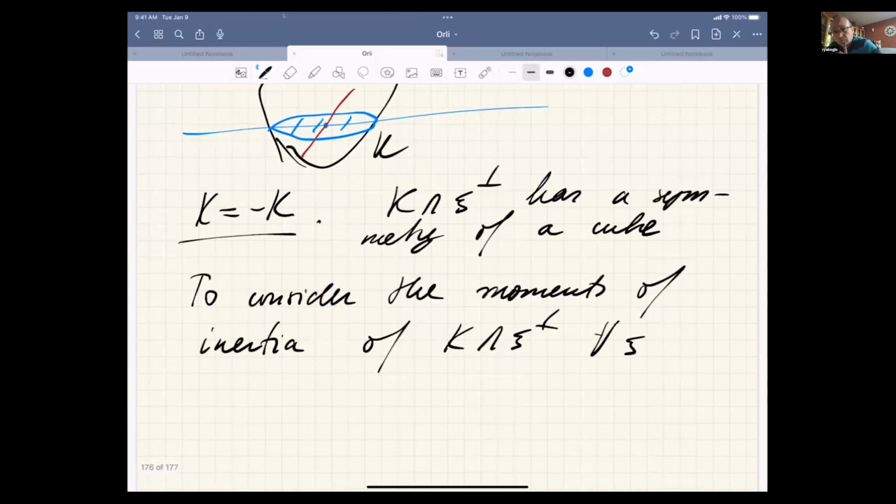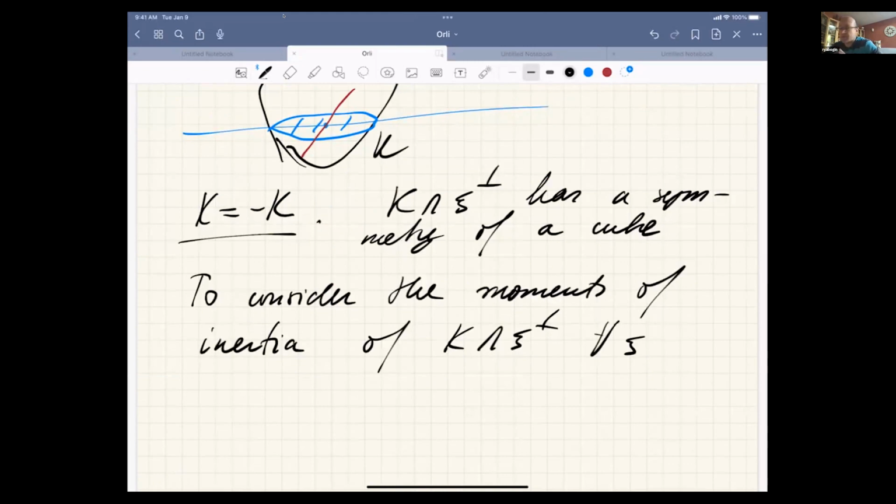One can show that if your section has the symmetry of the cube, then these moments of inertia are constant, independent of any direction. Then you can reduce one question to another and obtain a result.